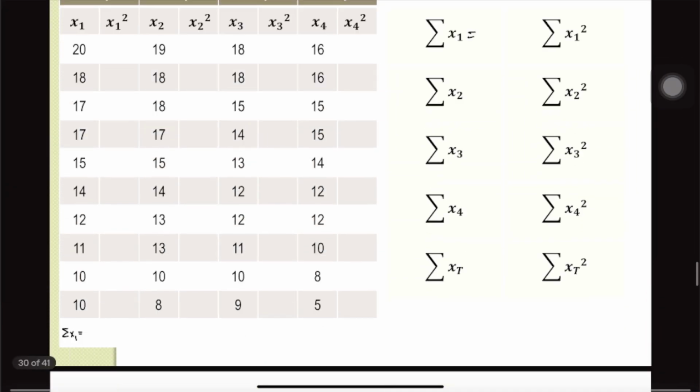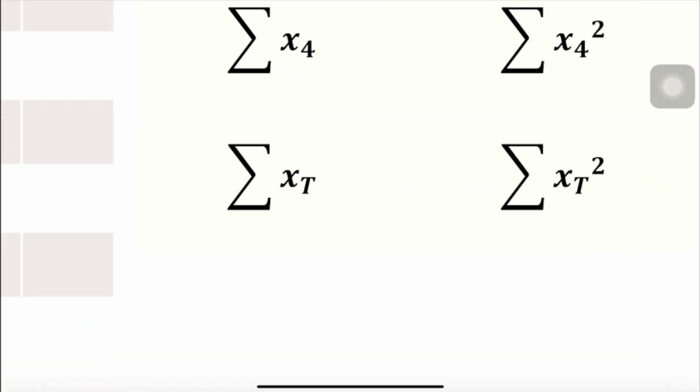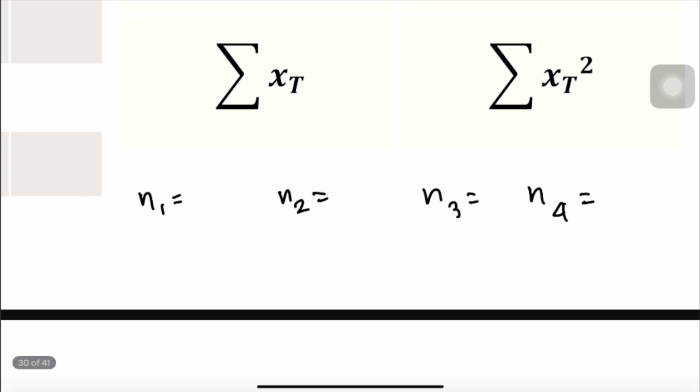And lastly, you will also need the n, so the number of items per group. So number of items for group 1, number of items for group 2, number of items for group 3, oops, that's an n, for group 3, and number of items for group 4. Once you've computed the number of items per group, you're just going to total it and label it as NT.